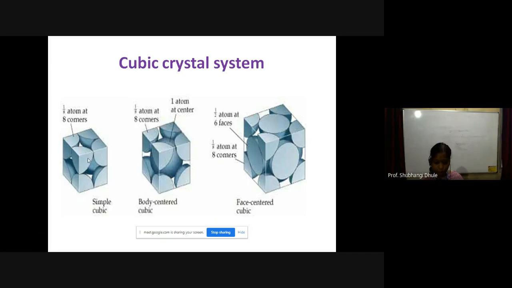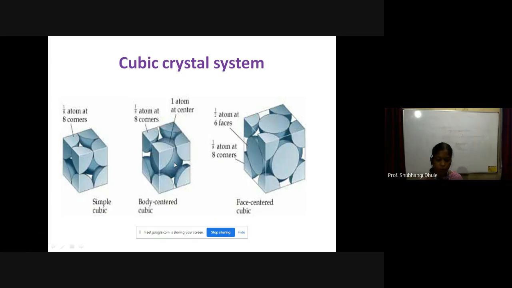Now, the second type, the BCC structure. You can see here the corner particles, so 1/8 multiplied by 8 becomes one particle. So in the BCC structure, the contribution from the corners is one particle, and inside the cell there is one more particle.